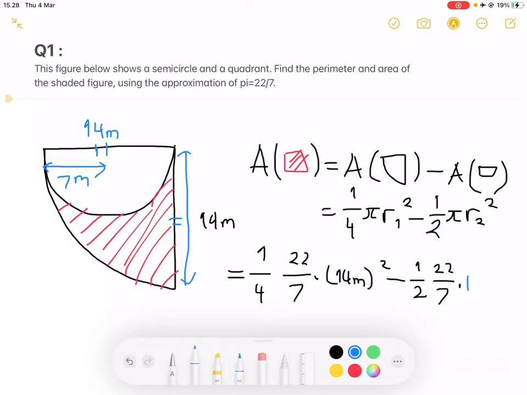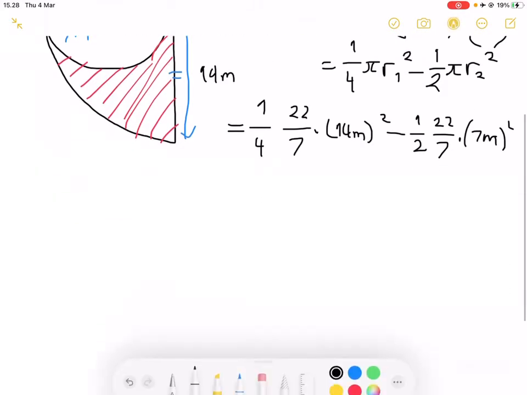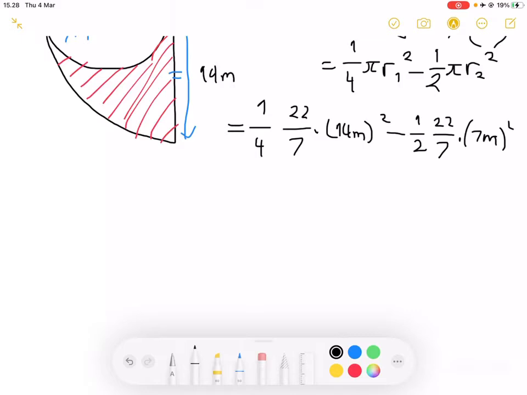Alright, so let's just substitute that in. I'm just going to use the black for this. Notice some simplification of these fractions. So this will be 11/14 times 14 squared, which is just 196. And don't forget the units.